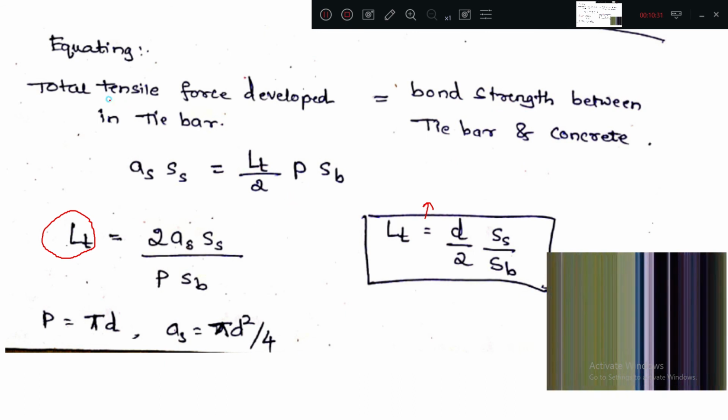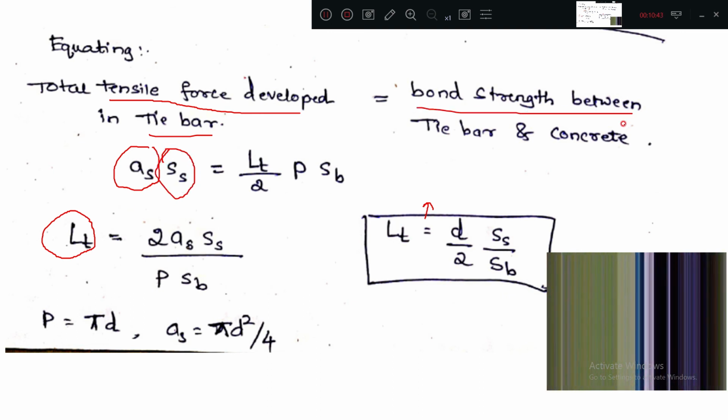By equating total tensile force developed in one tie bar, that is small as into its permissible stress, to the bond strength between tie bar and concrete. Bond strength stress is SB, into the perimeter of the tie bar, into the length of tie bar. We are equating only half of the slab, that is why LT by 2.